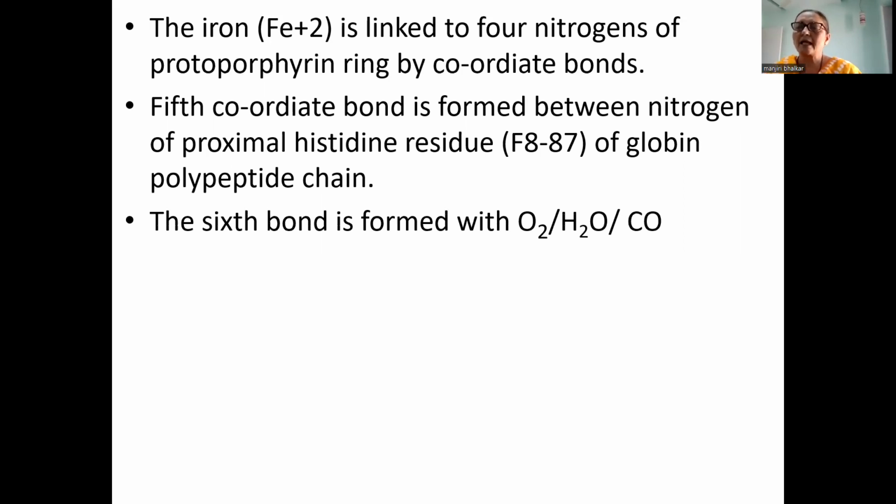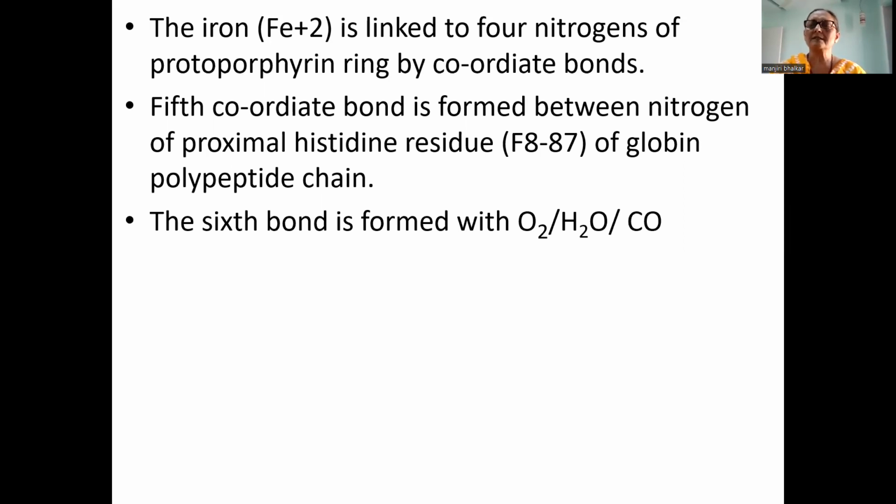Oxygen can be attached to this reduced state of iron, and it can donate the oxygen and become deoxygenated. So hemoglobin can be oxygenated, and it can be deoxygenated on delivering the oxygen to the tissues. So you will have oxygenated hemoglobin in the lungs and deoxygenated hemoglobin generated in the tissues on donating the oxygen.